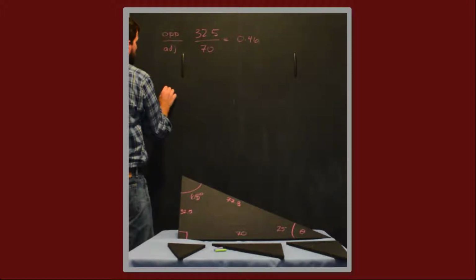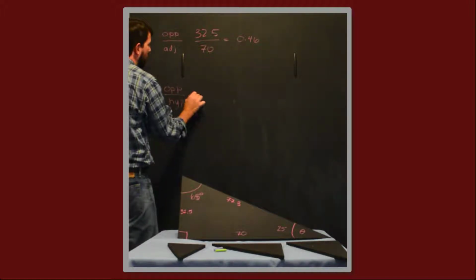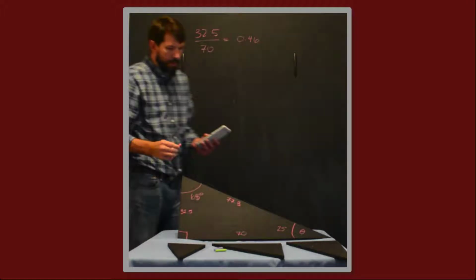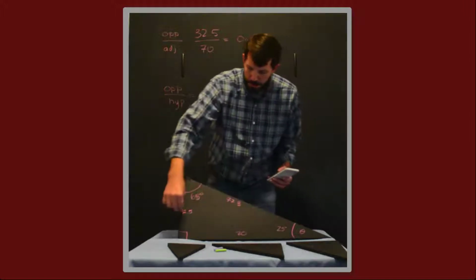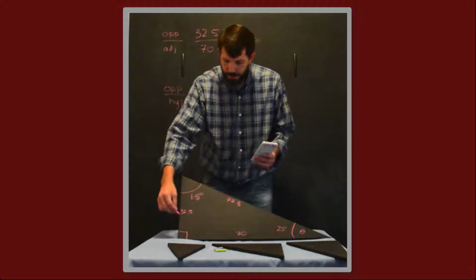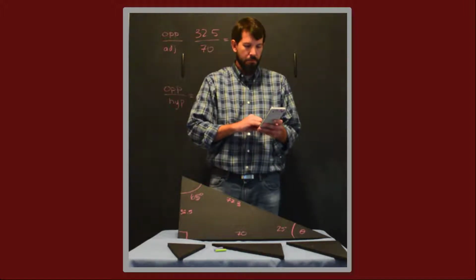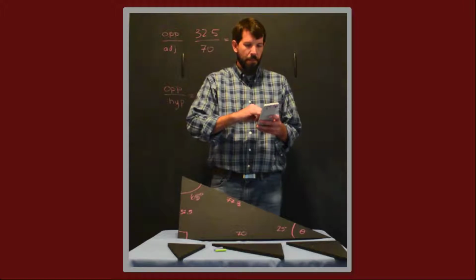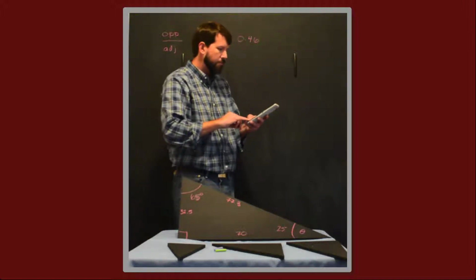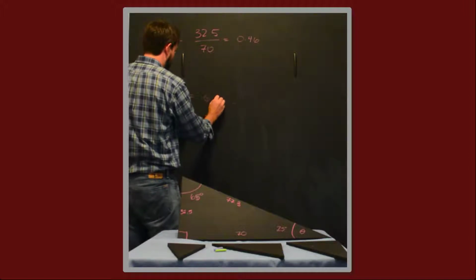Now I'm going to do the opposite side over the length of the hypotenuse. So the opposite side is 32.5. The length of the hypotenuse is 77.3. When I divide those, I get about 0.42.